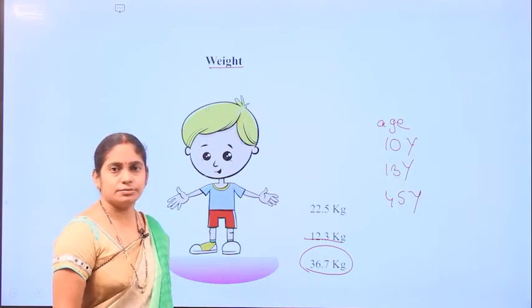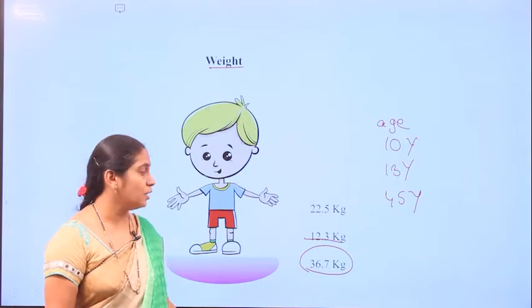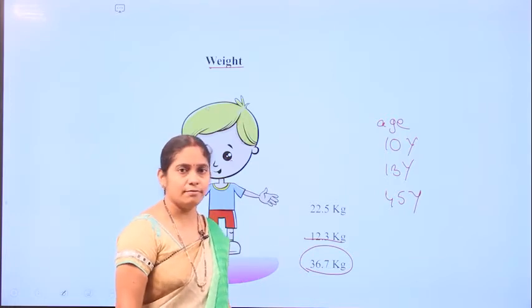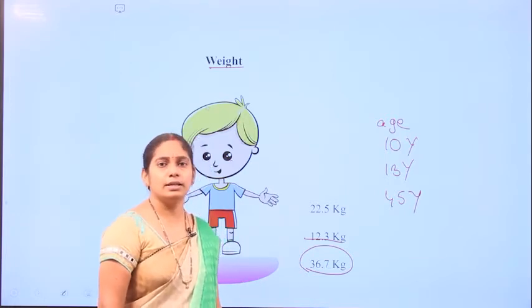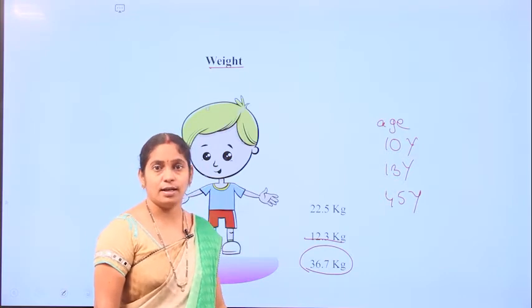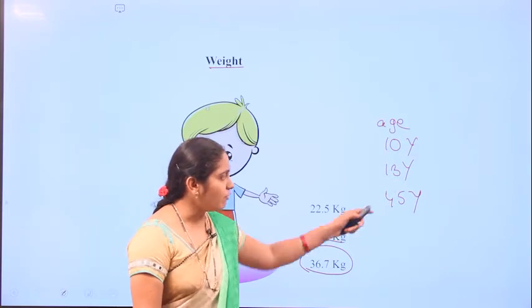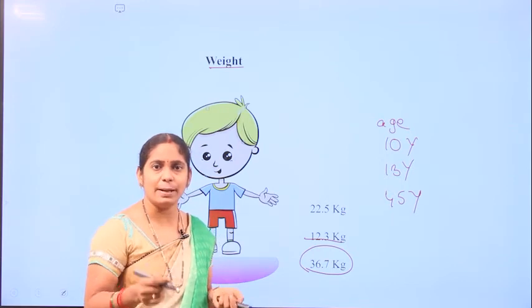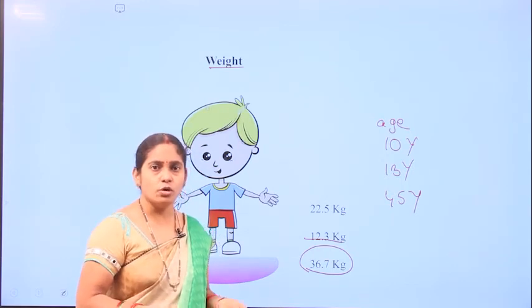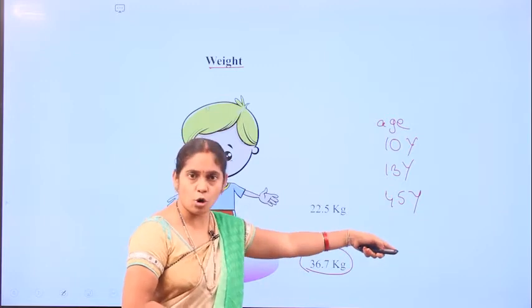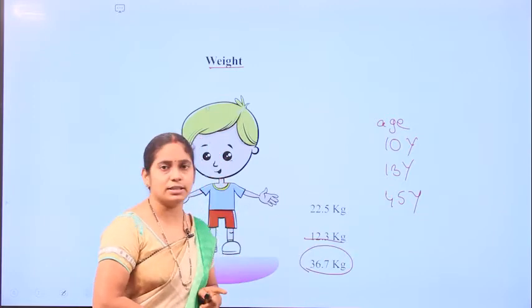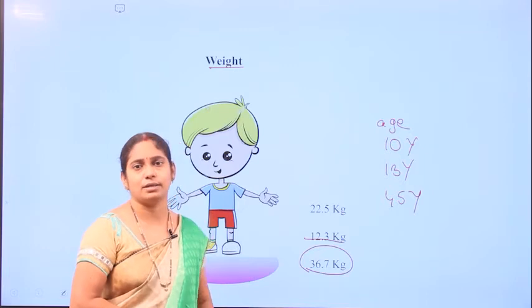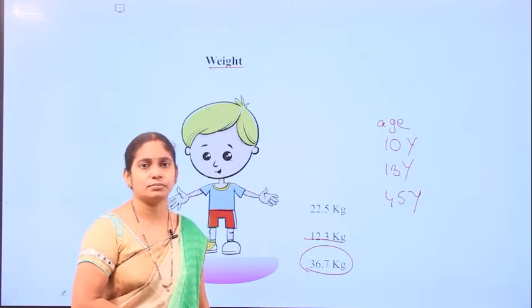Coming to the weight, how will it be? 22.5, 12.3, 36.7, likewise. Which type of value is it? Do we have any decimal points? No, for age. So age will be represented as a whole number, and the weight will be represented as a decimal point.